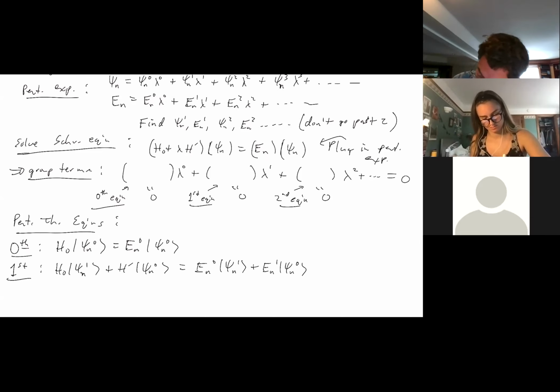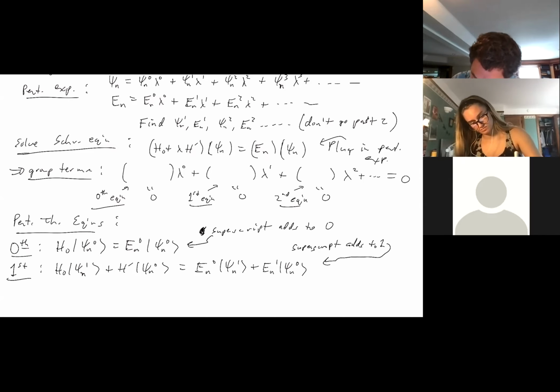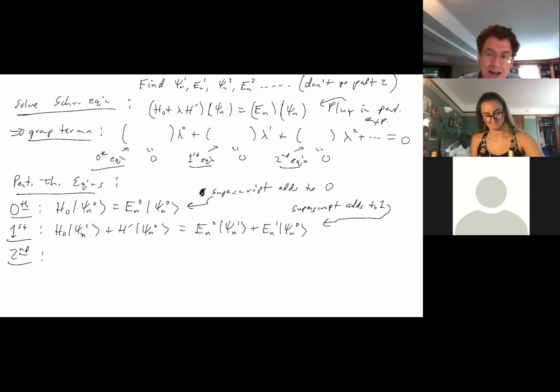I want you to notice the superscript. This is a little trick that I find useful. The superscript adds to 0 for the 0th order equation, and the superscript adds to 1 for the 1st order equation. You can sort of see how the superscript adds to 1. And for the 2nd order equation, the superscript adds to 2. So you can see a little pattern in the equations.